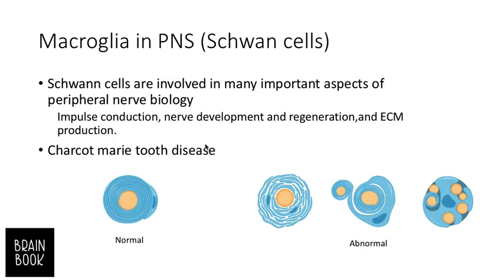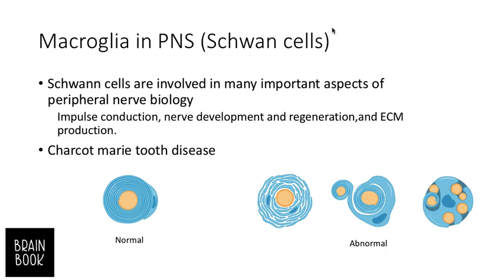Here you can see that Schwann cells are involved in many important aspects of peripheral nerve biology. They are important for impulse conduction, and also they are a key player in nerve development and regeneration of the nervous system, and also extracellular matrix production.